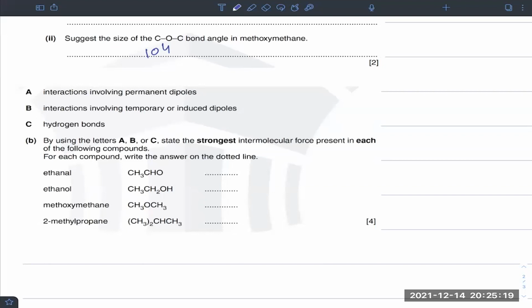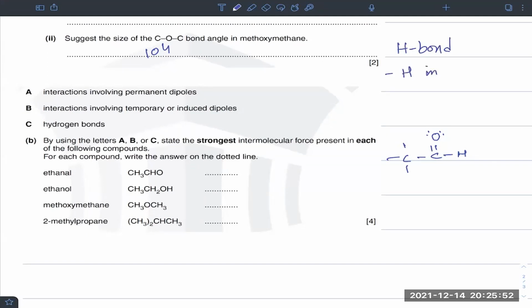For that you have to see what the structure of ethanol is. So ethanol has this thing. Does it have hydrogen bonding? What do you think? Yes sir. Why? With carbon? No, how can hydrogen bonding happen with carbon? What do we need for hydrogen bond? Hydrogen bond needs 2 things.